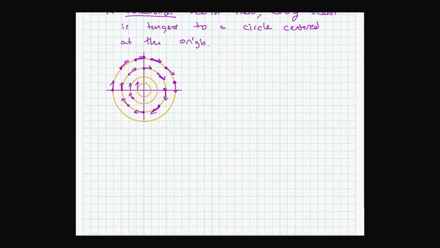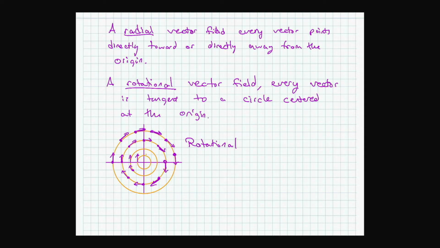Obviously, once you see one, you go, yeah, that makes sense that that's called rotational. And the names have importance because vector fields that are radial or rotational have certain properties in certain branches of mathematics. So a rotational vector field might do certain things if you're taking a fluid dynamics class.